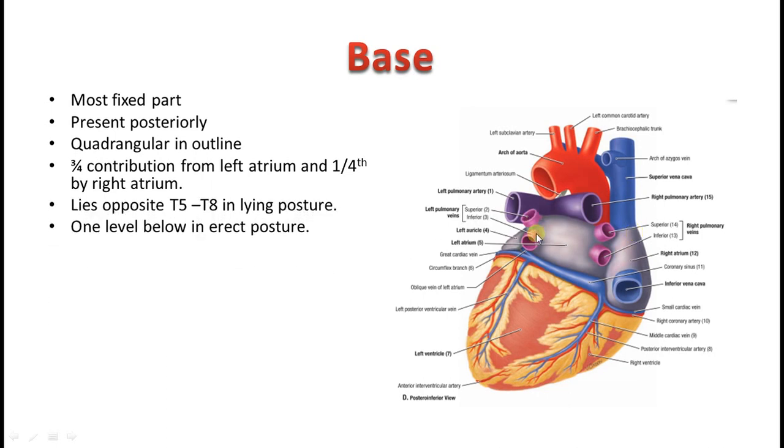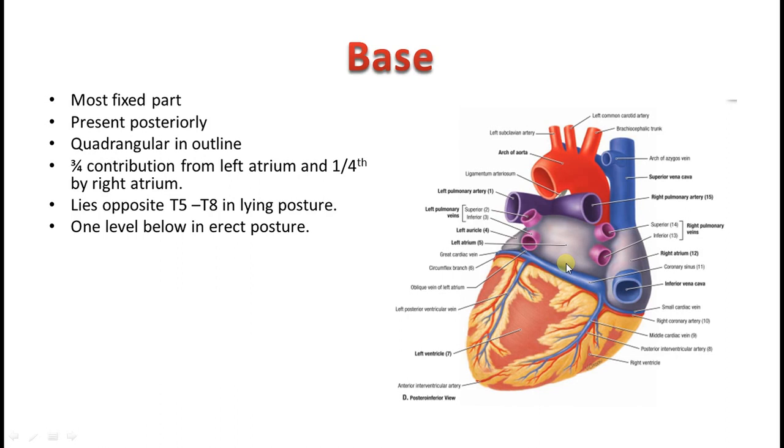The base actually extends from the 5th to 8th thoracic vertebra in recumbent position, whereas in standing position it just descends one vertebral level below. That means from T6 to T9, one level below in erect posture.